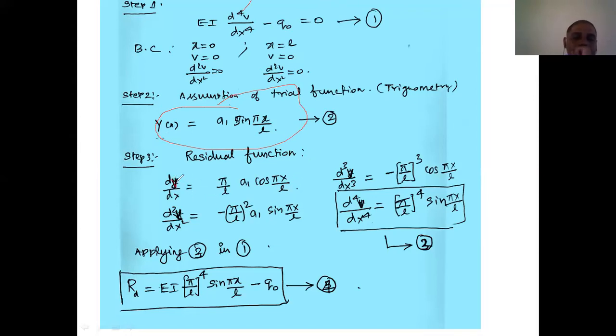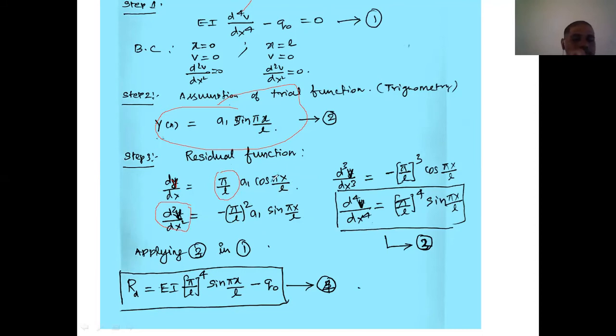If you differentiate once, you will get pi by L into a1 into cos pi x by L. Differentiating again with respect to x, you will get one more pi by L multiplied, so pi by L the whole square, and the cos term becomes minus sine pi x by L.